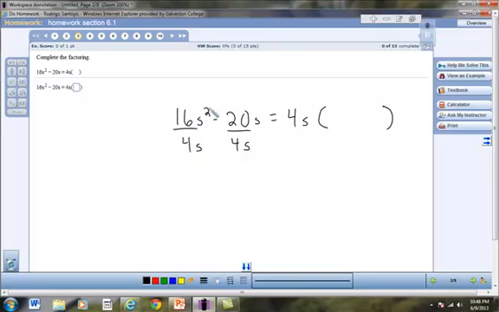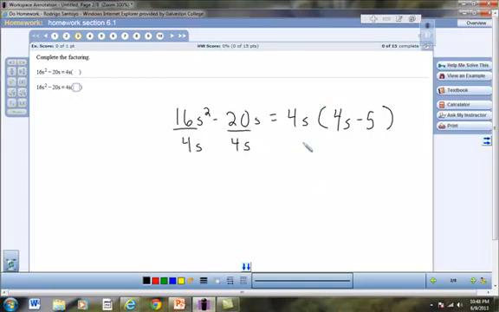We divide 16s squared by 4s. Remember, we're using the quotient rule, 2 minus 1, and 16 divided by 4 is just 4. S squared divided by s to the power 1, 2 minus 1, just gets s. And negative 20 divided by 4 is negative 5, and the s's cancel.